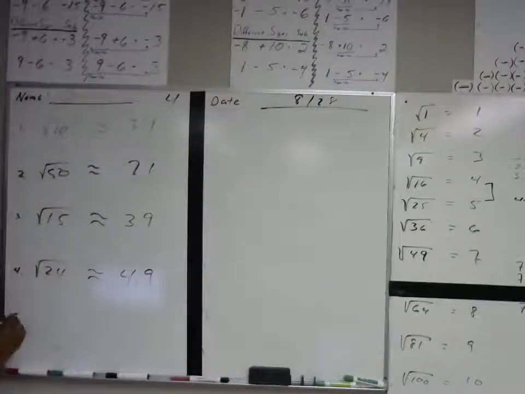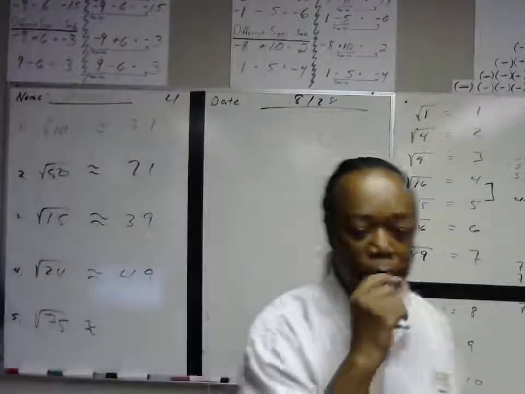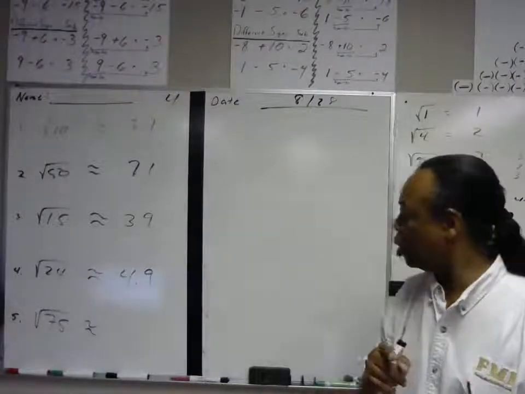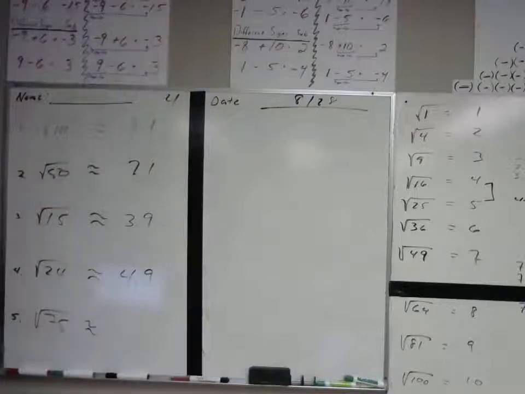Okay. And number 5 is the square root of 75. This question would go to Sims. What would you use for square root of 75?